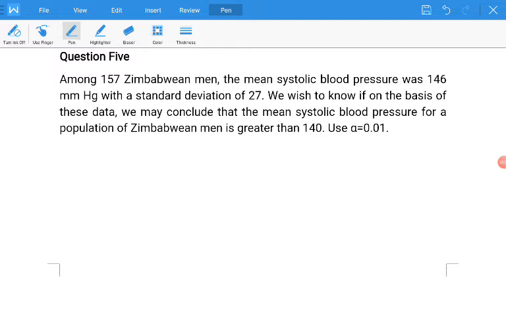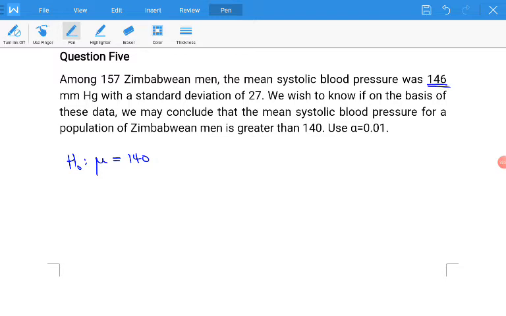We wish to know if, on the basis of this data, we may conclude that the mean systolic pressure for a population of Zimbabwean men is greater than 140. So here our null hypothesis is mu is equal to 140, because that's the hypothesized mean.